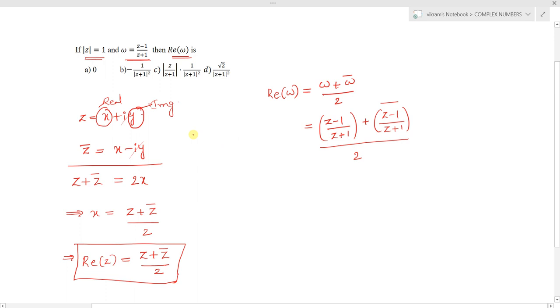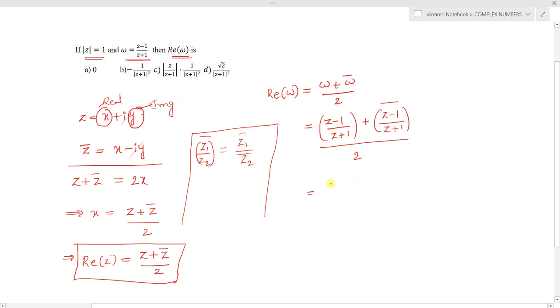And here we need to discuss a few properties. We know that (z1 by z2) whole conjugate can be written as z1 conjugate by z2 conjugate.